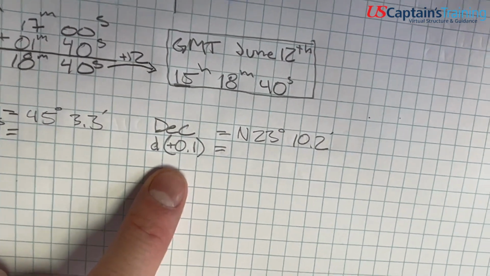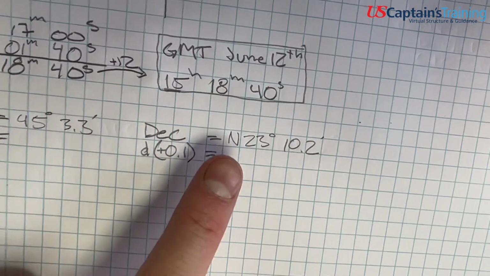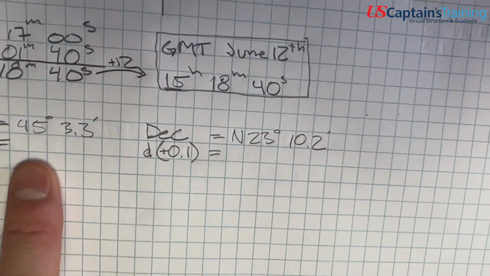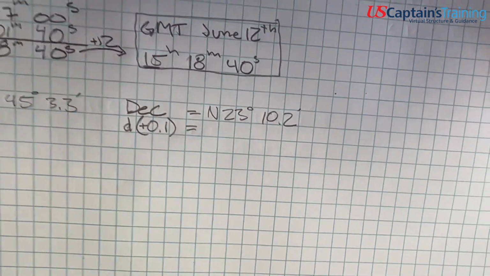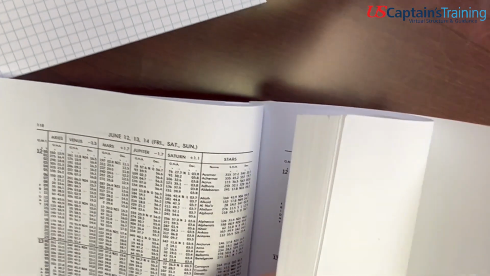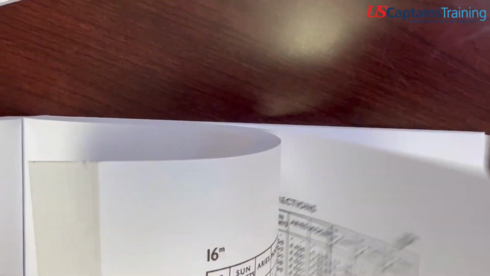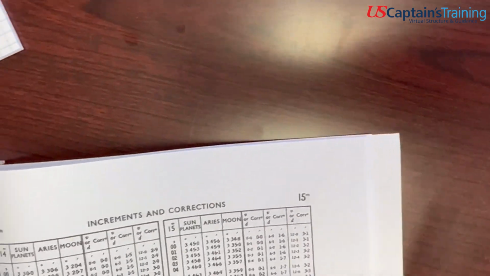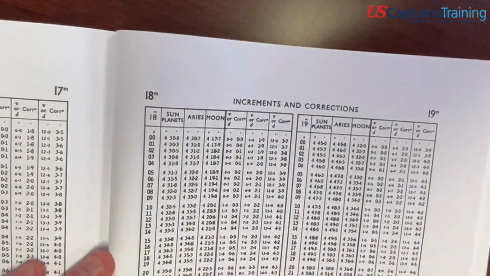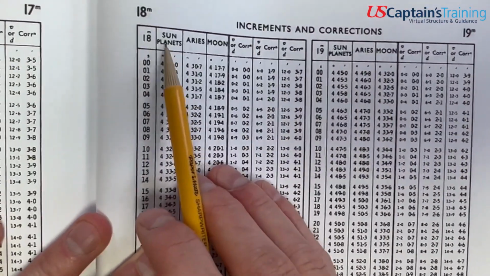And now we'll go to the increments and corrections, so we'll flip into the back. Increments and corrections for 18 minutes. Here's 18 minutes in the sun.